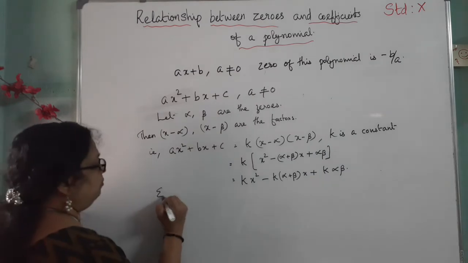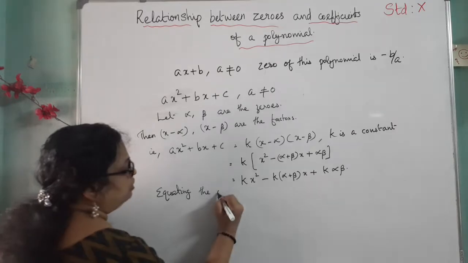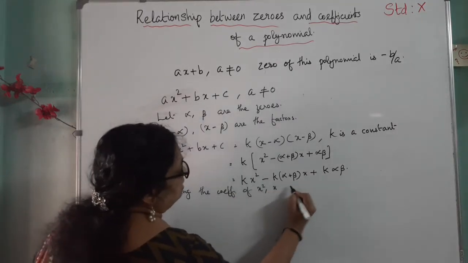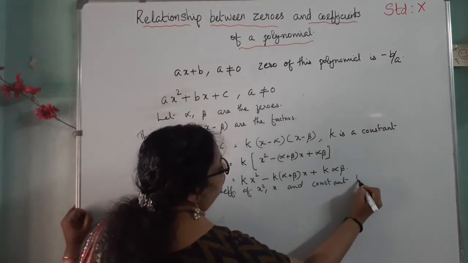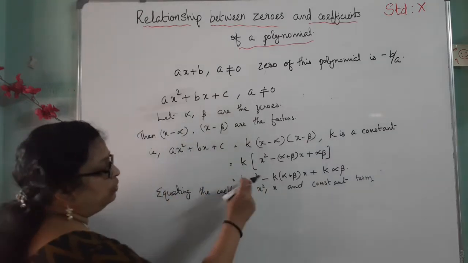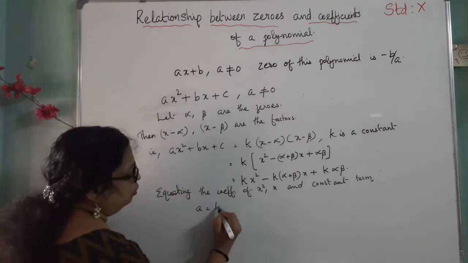Then equating the coefficients of x square, x and constant term. The coefficient of x square is k on one side and a on the other, so a equal to k.